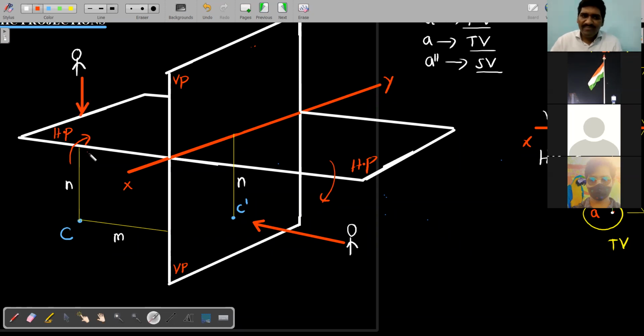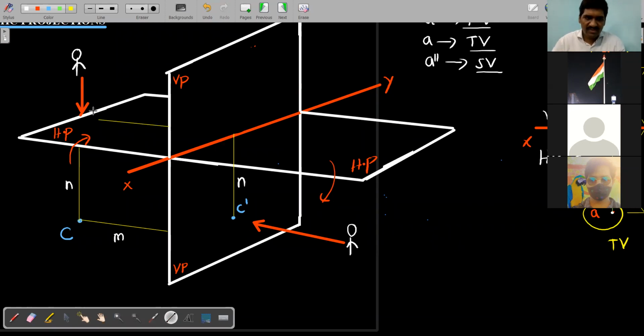Now tell me, if this is transparent, in the top view, is this m visible or not? Yes, sir, definitely. You have to bring this m onto where? Onto the horizontal plane. This is the horizontal plane.